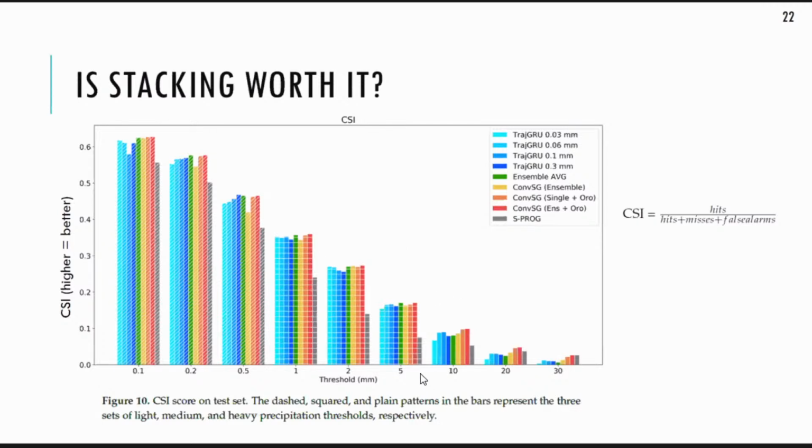This is what I said before about model stacking. There is an increase, regardless of the threshold we look at, but the increase is really small. We usually use model stacking when we're after that last percent of performance increase.